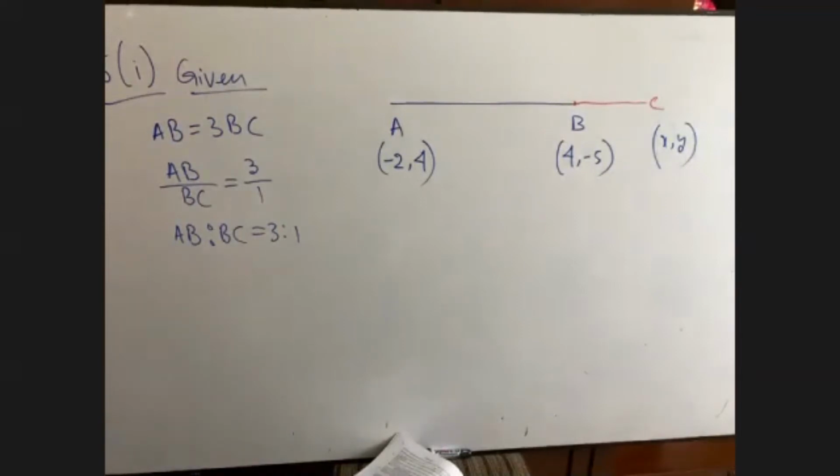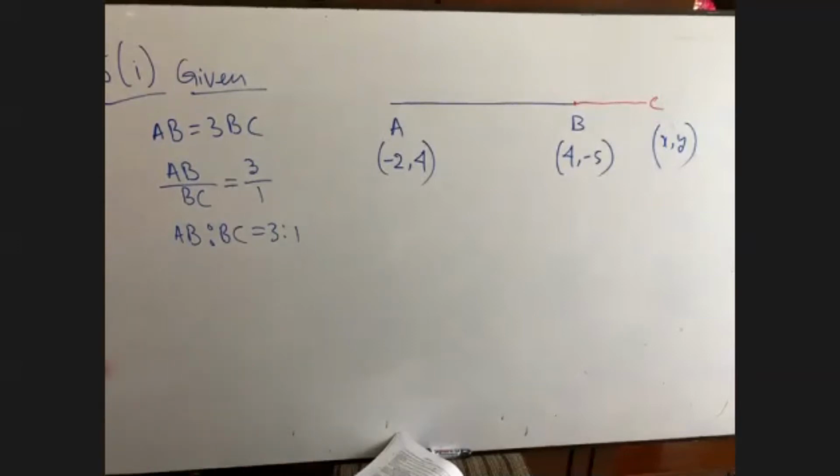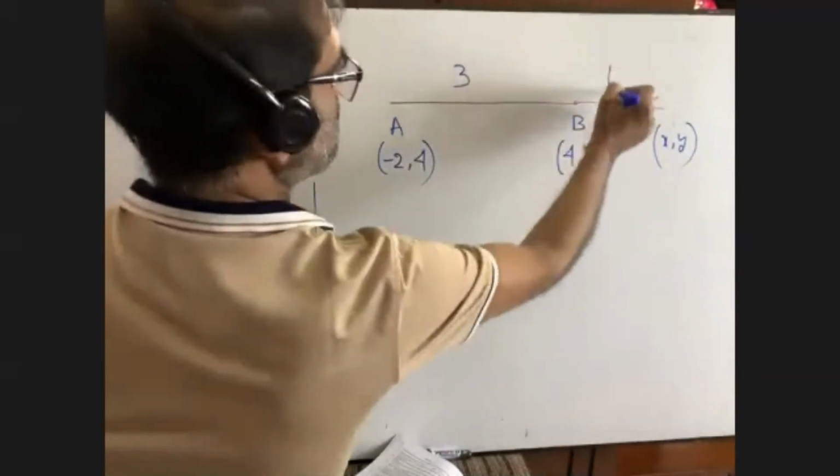Now you can do this math in two ways. There is the easiest way, and I am going to do the math in the easiest way. You see, now it is 3, it is 1.